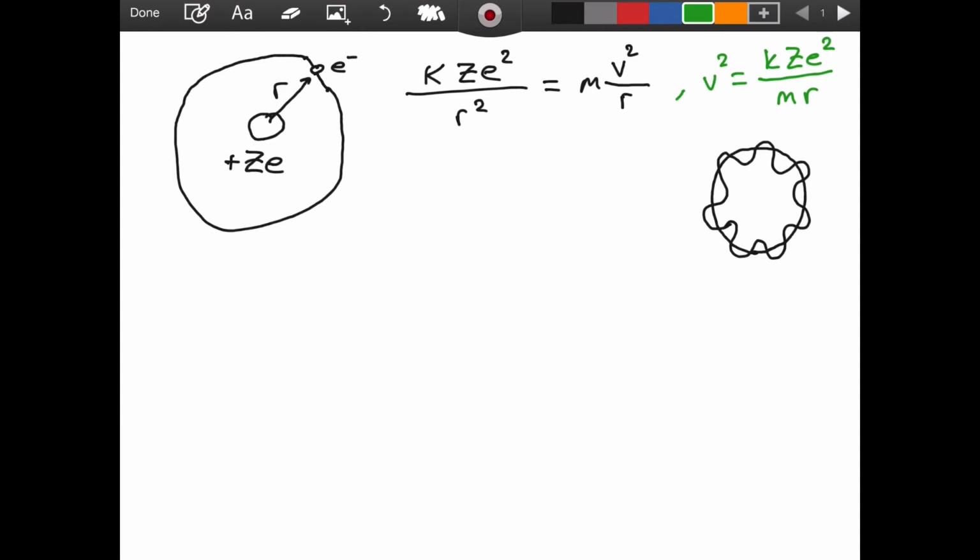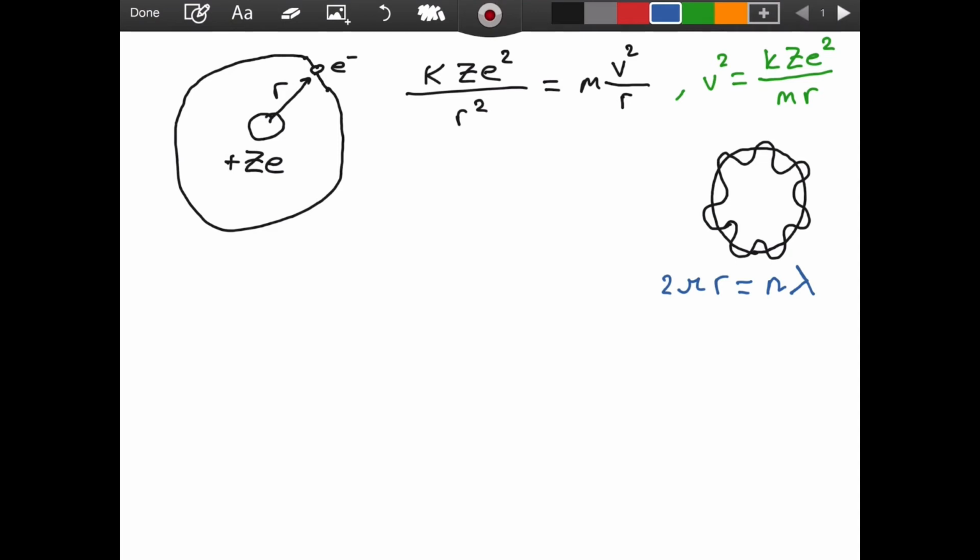And that is not the case, clearly. So here comes the important idea. If we have the circumference of the circle, which is 2 pi r, this should be equal to, very important, an integer multiple of the wavelength of the electron.